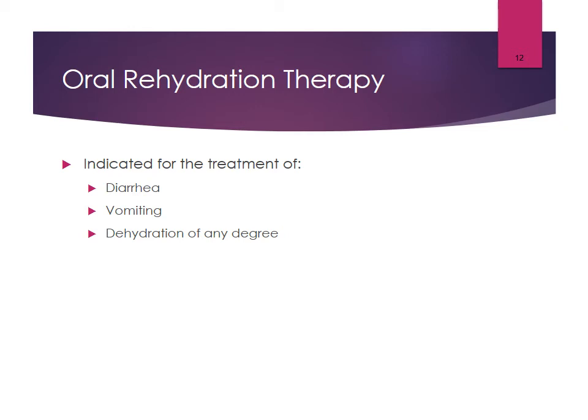I'm going to talk more now about oral rehydration therapy, and it's all going to depend upon whether the child has mild, moderate, or severe dehydration as to what you use for treatment. When we talk about mild dehydration, it's less than 5% body weight loss. What we recommend is to continue to breastfeed or continue the age-appropriate diet along with fluid replacement.